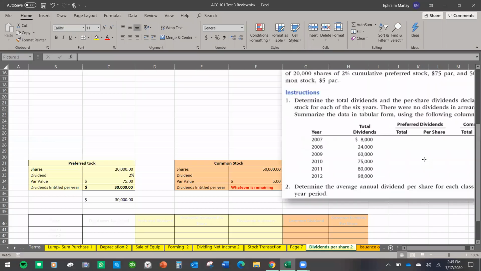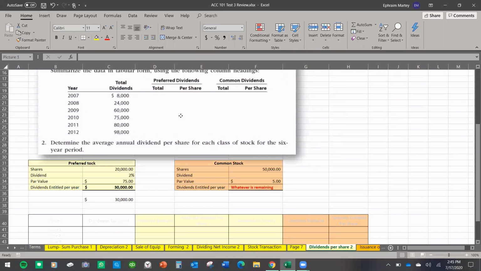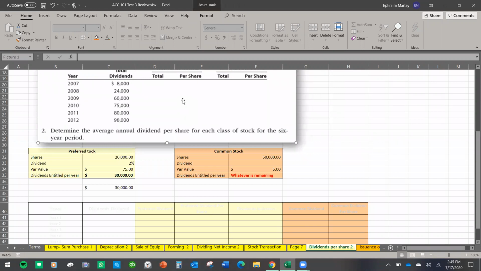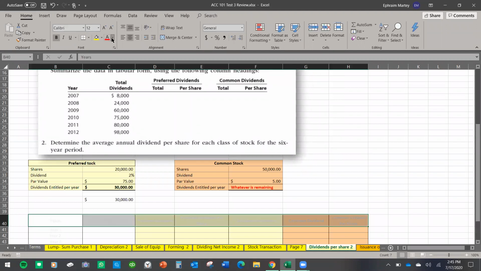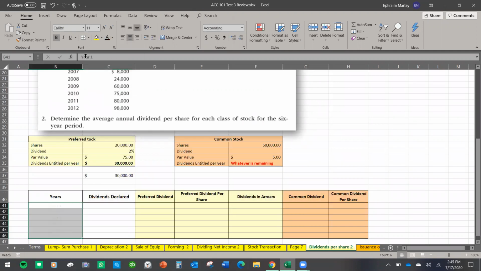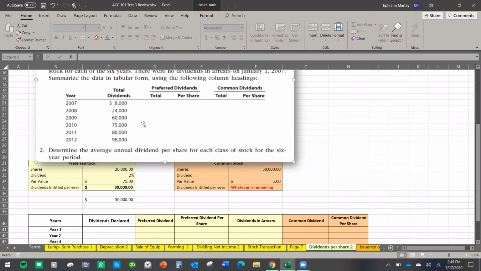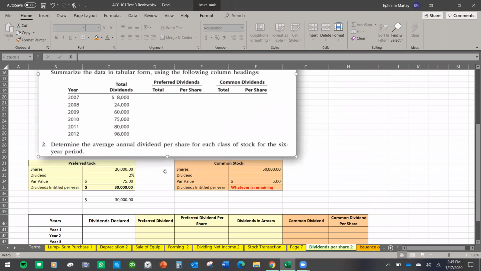Let me move this over here to see if it will work. That is okay. Now I'm going to list everything. I'm going to make this same table right here. From each year, I'm going to list them so that it will be easier for me. Year one, we declare $8,000.